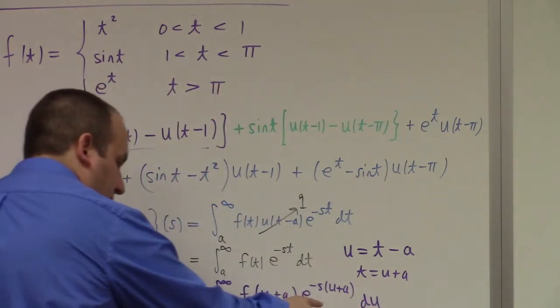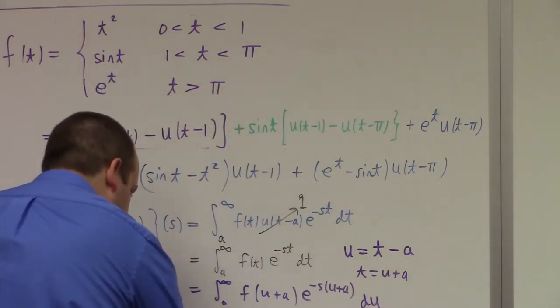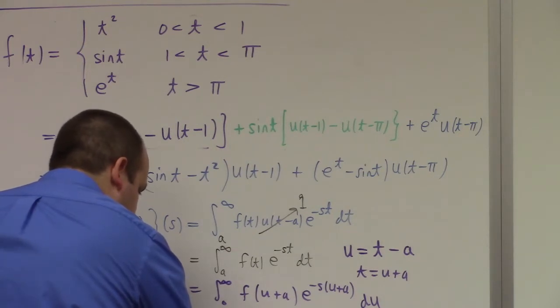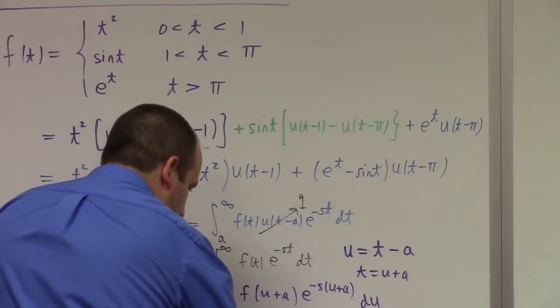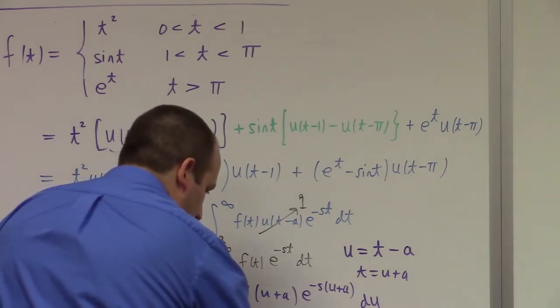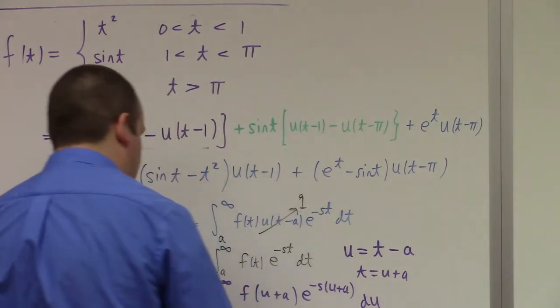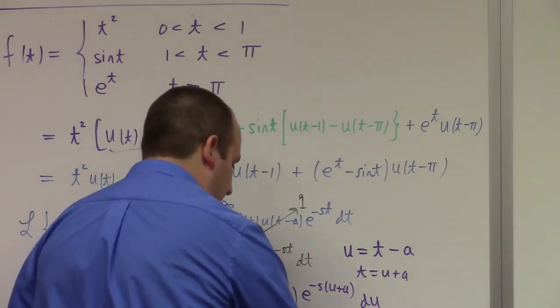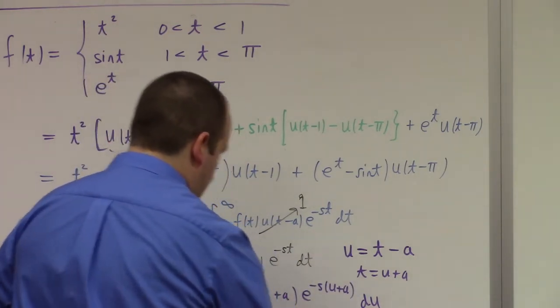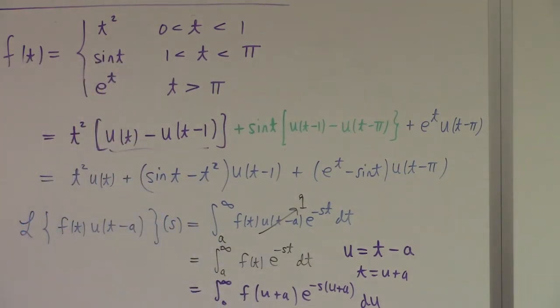And then there's one extra e to the minus as, so what we get is e to the minus as times the Laplace transform of f of t plus a, if you like. Using t or u is immaterial. It's a dummy variable of integration. So there's the rule.